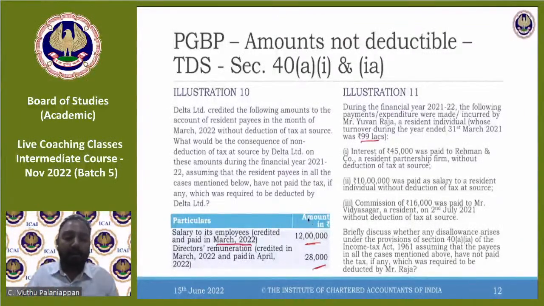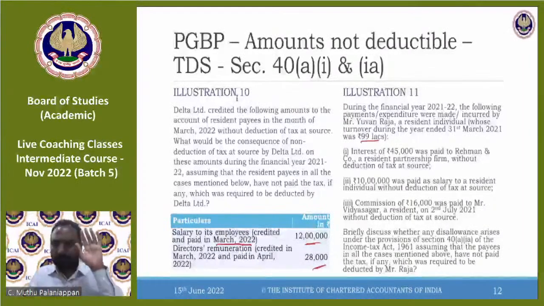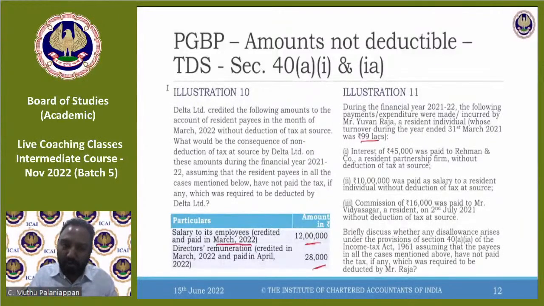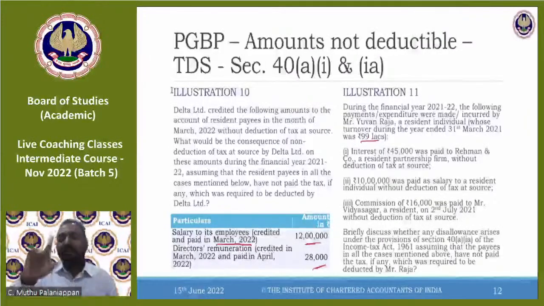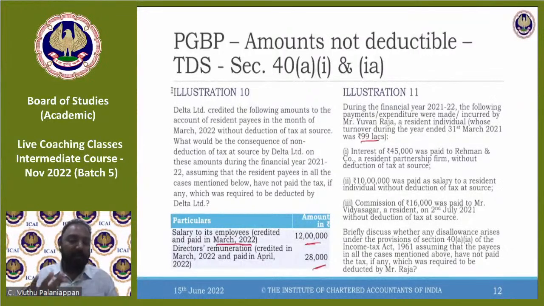What I'm going to do right now is tell you, if tax has not been deducted, what is the process? I'm not going to tell you whether TDS is applicable or not on this particular clause, because that's a separate chapter. So if your study material has a different answer, it might be different, because what I'm going to tell you is the procedure if tax has not been deducted.